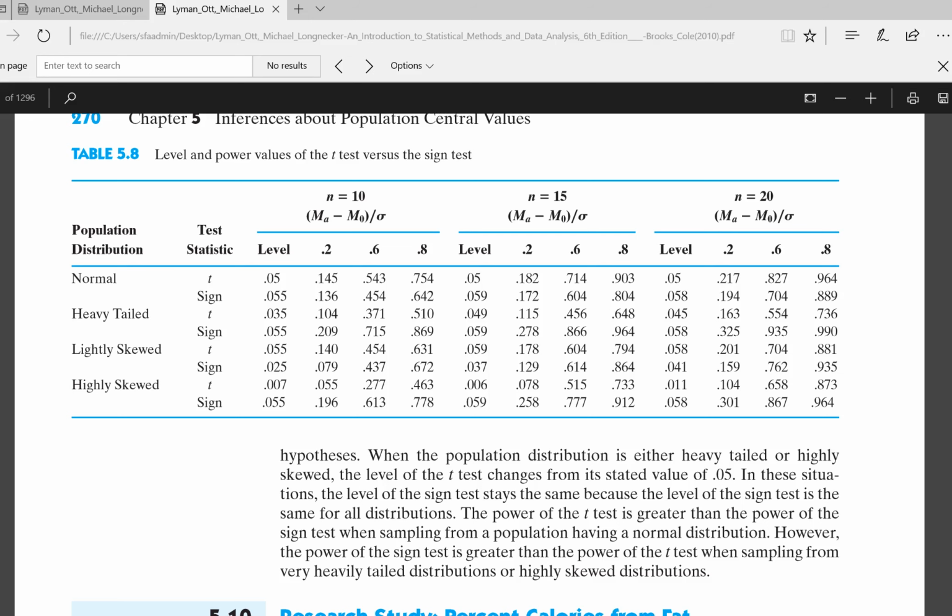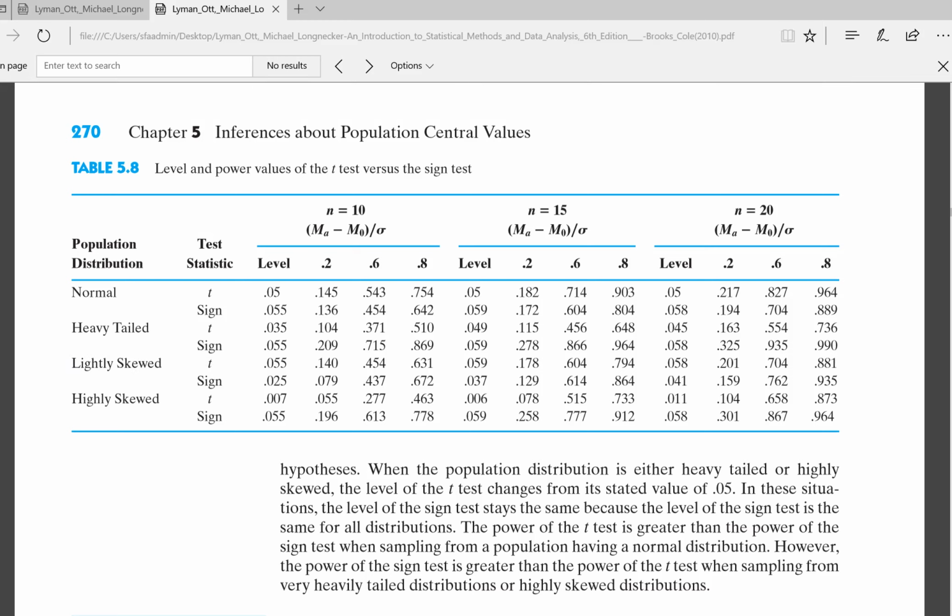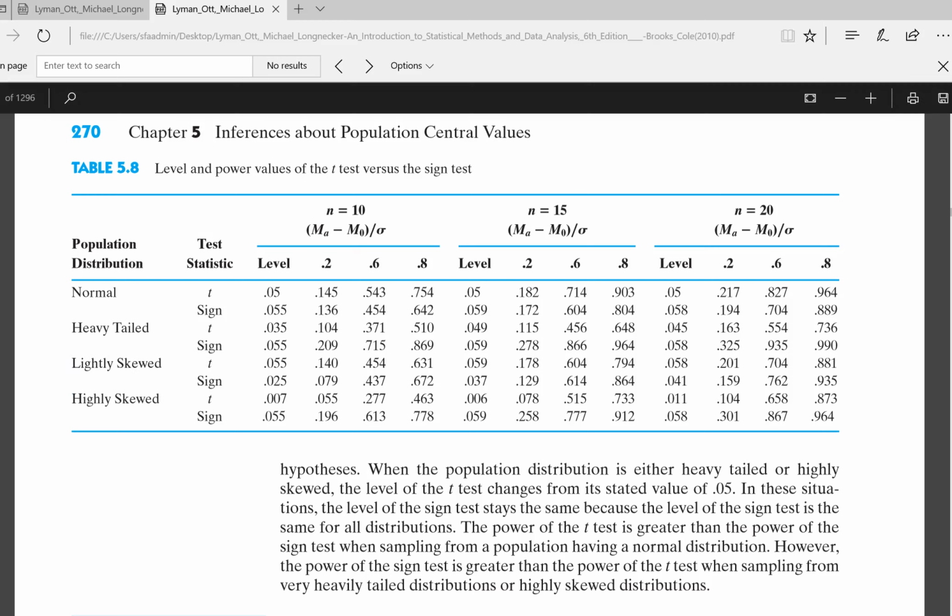Okay, so looking at this table from our textbook here, you may want to read the background on where these values are being generated from, but just to be clear, the setting is we have 4 underlying populations that we're sampling from: a normal, heavy-tailed, light-skewed, and a highly skewed underlying population.